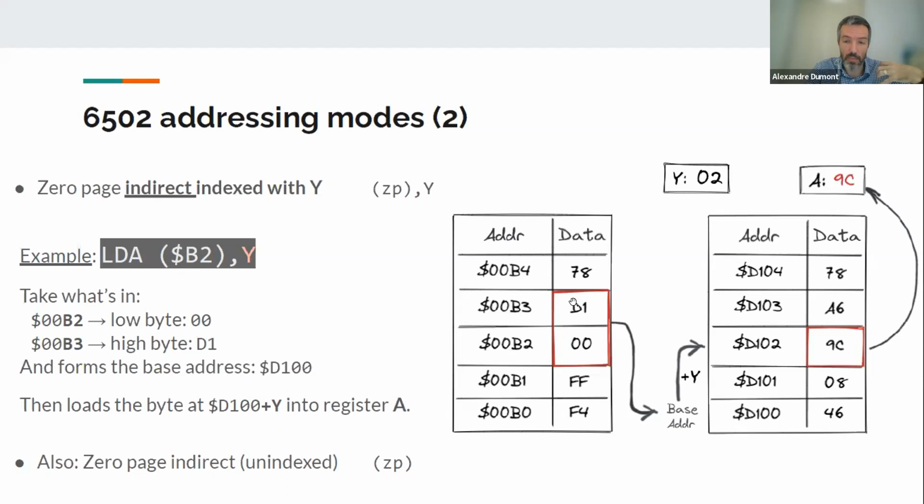In that case, that would be 9100, and that's going to be the base address. It's going to add the content of register Y, the index, to that base address to form the address from which it's going to load A. So in that example, it's going to load 9C into A.